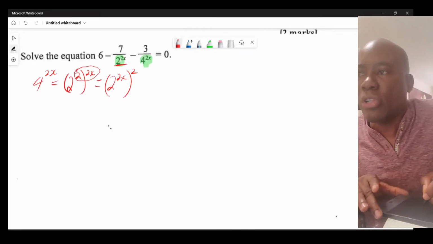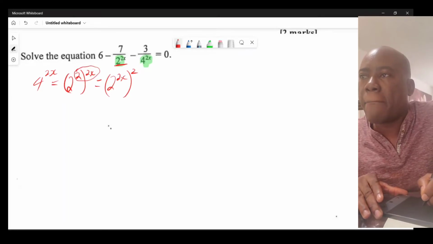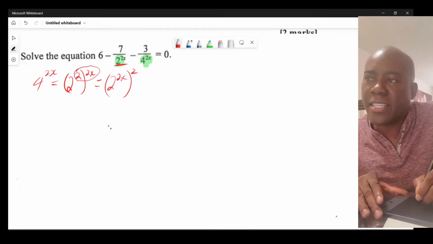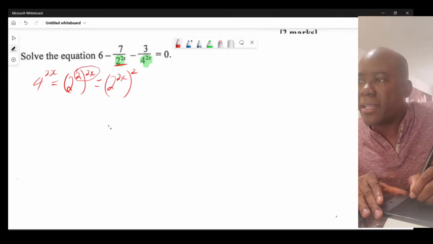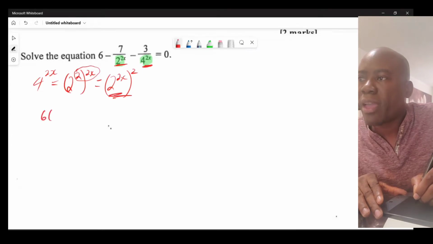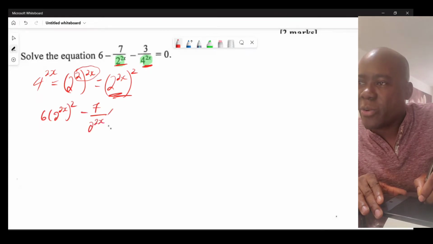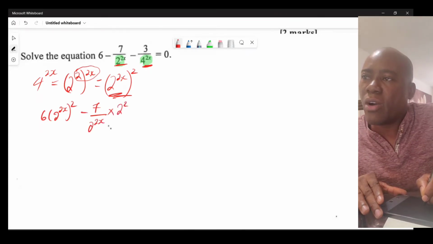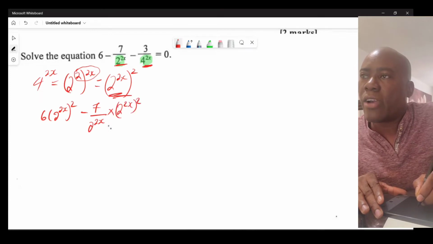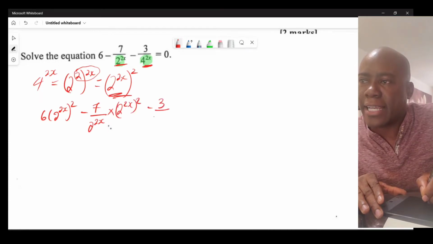So what I'm going to do now is to multiply throughout by 4 to the 2x, which is this. So therefore, I'll have 6, open bracket, 2 to the 2x squared, then minus 7 over 2 to the 2x, multiplied by 2 to the 2x squared, minus 3 over, I could write this as that, because I know it's the same thing, multiplied by 2 to the 2x squared.